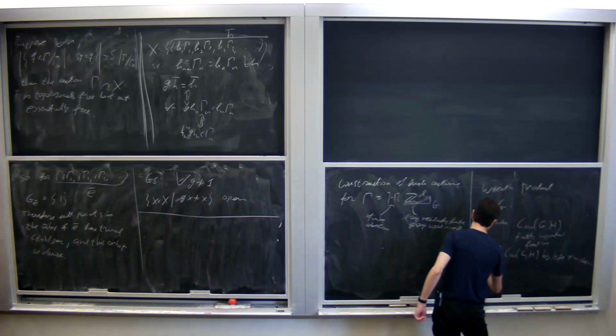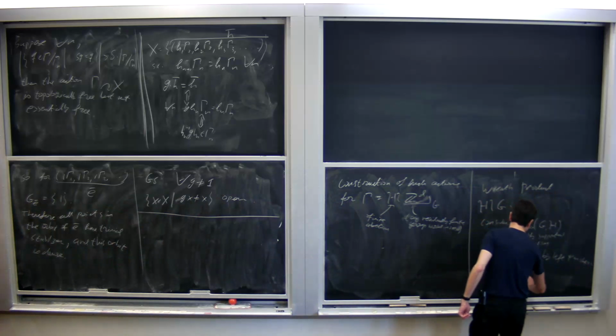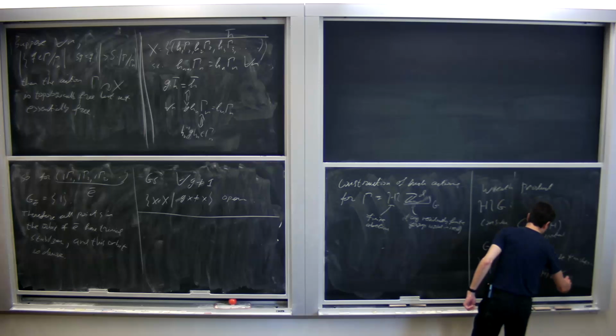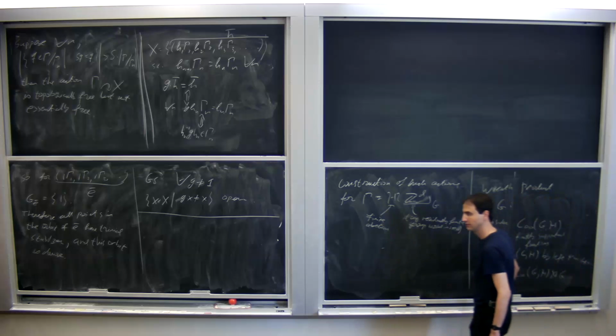And this Wreath product is simply shorthand for, is defined to be the semi-direct product of this by G. Okay, so if you haven't seen the definition, that's the definition.